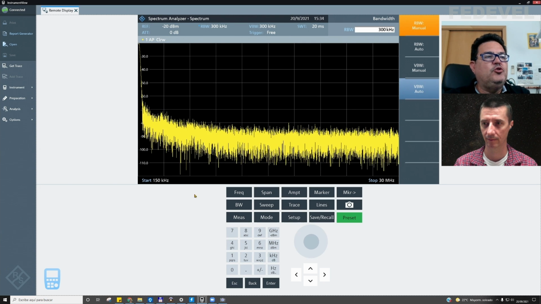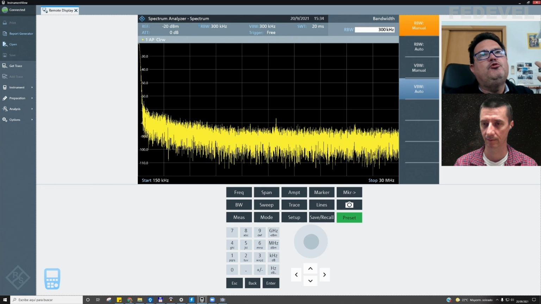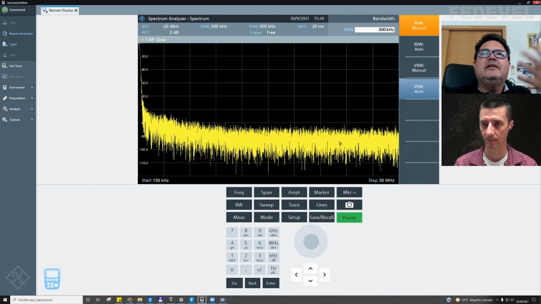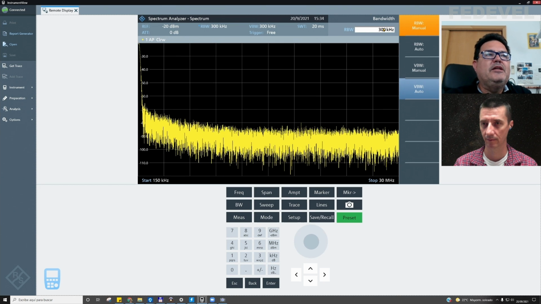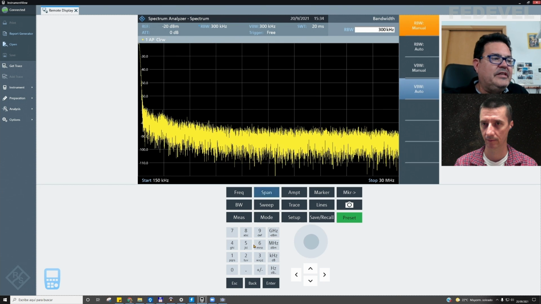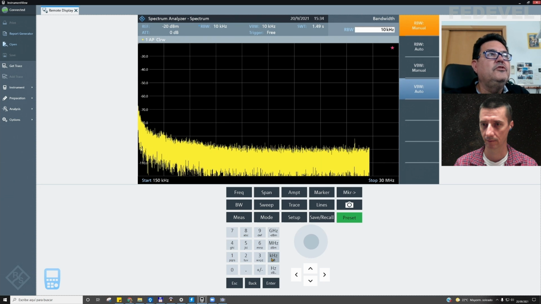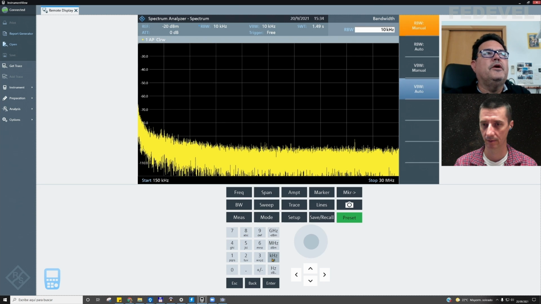But look at the sweeping time. I hope you will be able to appreciate this in the video. Now you see how the screen refreshes, but look at what happens if I use 10 kilohertz. The system goes very slow. Okay. It's slower, no?